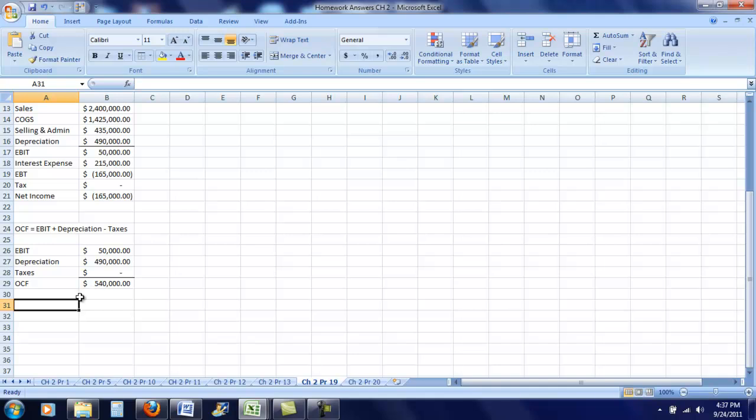So I have a net income. So I'm losing money on my income statement, but I have a cash flow which is positive $540,000.